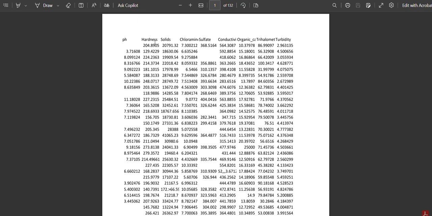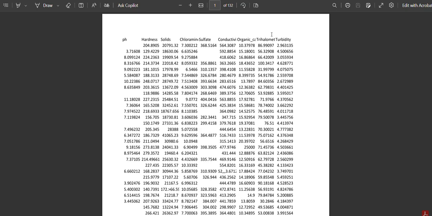See, here are various columns: the pH, hardness, solids, chloramines, sulfate, conductivity, organic carbon, and various others. This was converted into a CSV file, which, as you all know, is a form of an Excel file, and the Excel file helped us a lot.